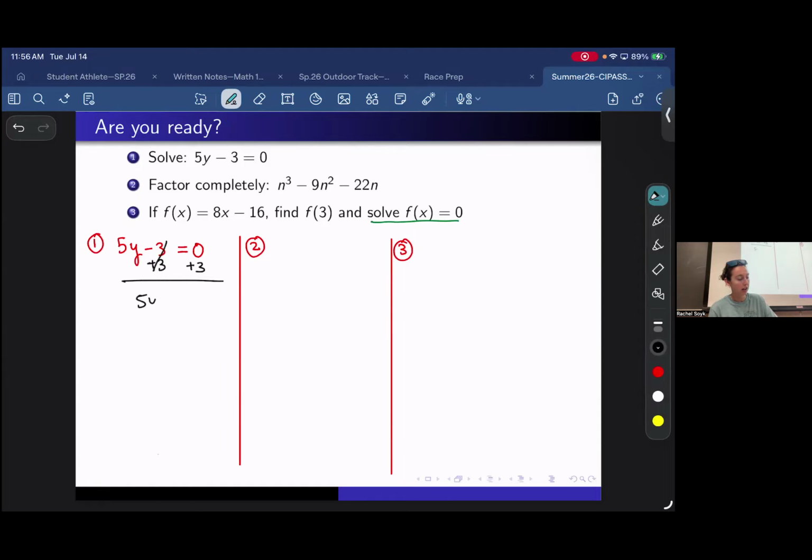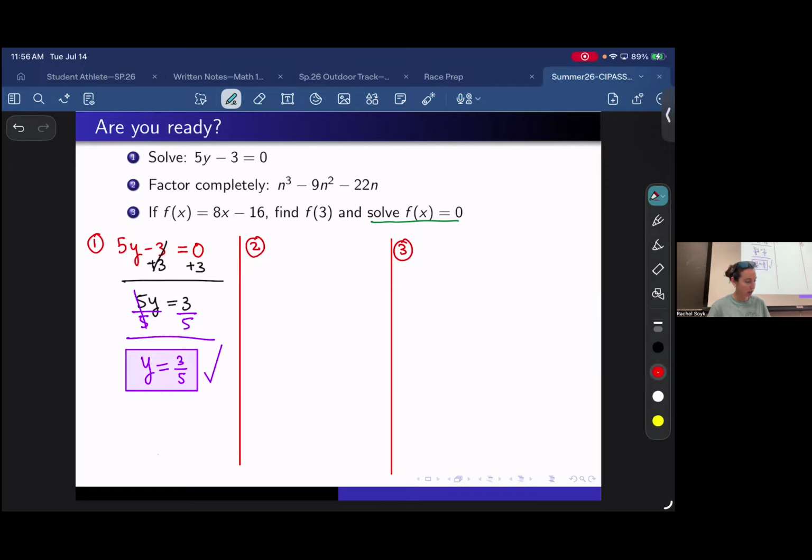So now we're just looking at 5y is equal to 3. And what's the opposite of division? Multiplication. Opposite of multiplication is division. So we're going to go ahead and divide both sides by 5. And when we do, we get our y value to just be 3/5. And we're done.